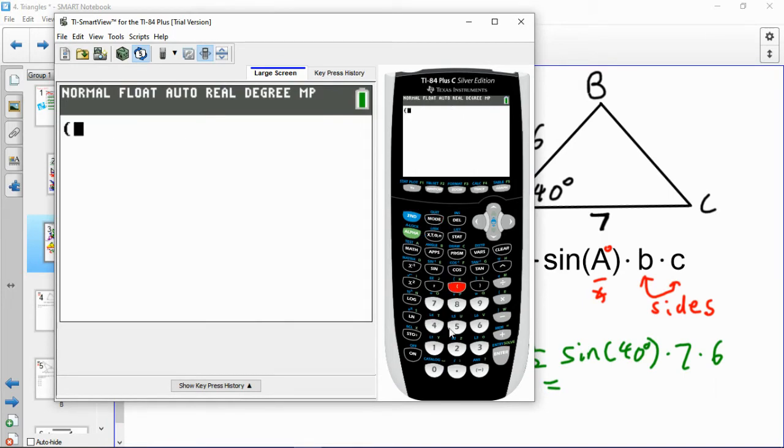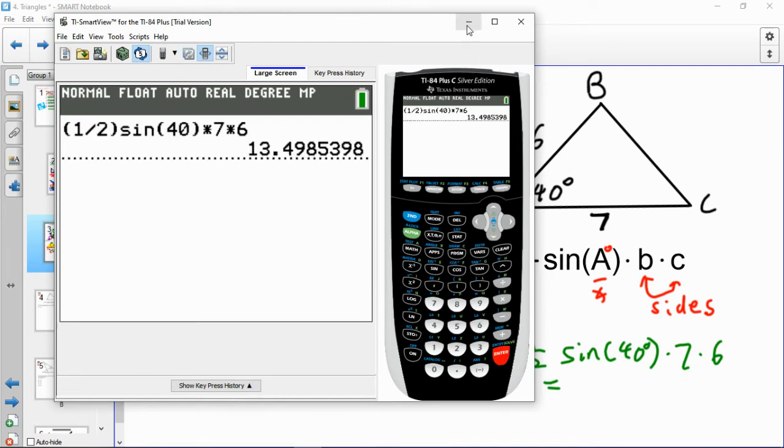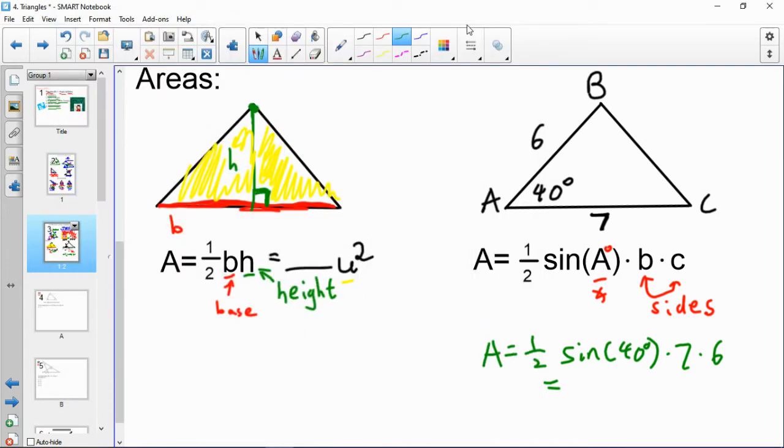And now we can go. We are doing 1/2 times sine of 40 degrees times 7 times 6. And with that, I get 13.5. So my area for this triangle will be 13.5 units squared.